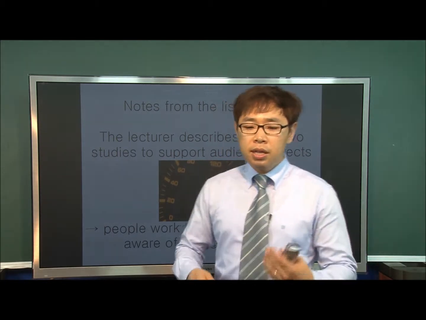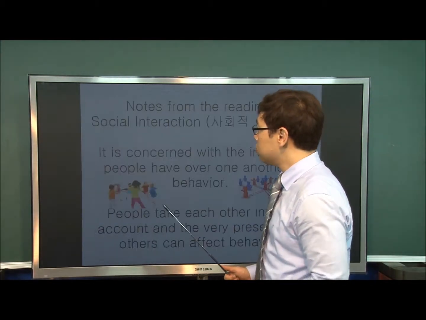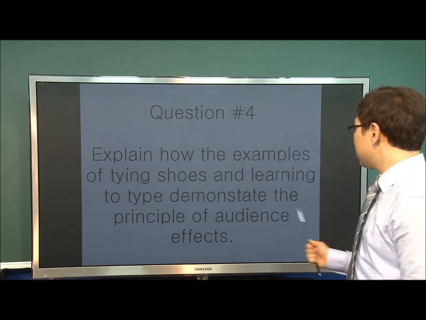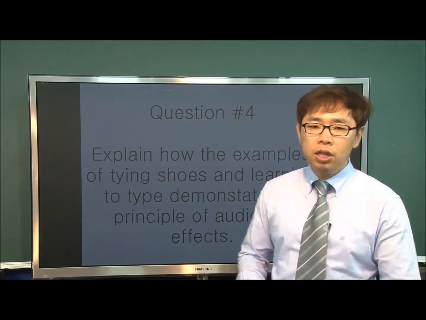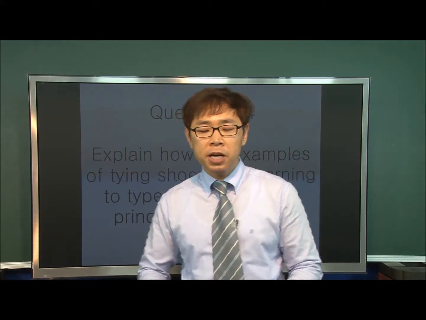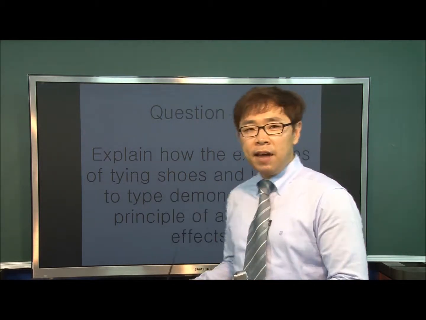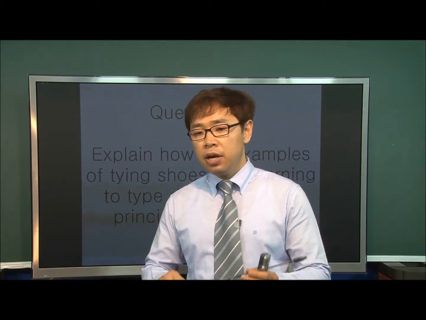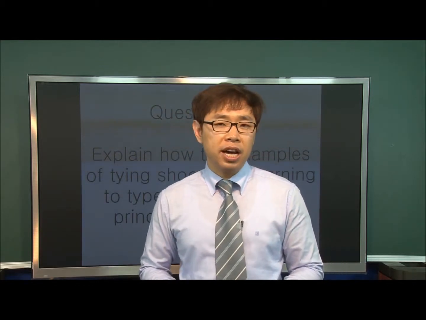So, in order to answer this question, let's go back to the question once more. It says, explain how the examples of tying shoes and learning to type demonstrate the principle of audience effect. You first want to define what audience effect is, and then give the 2 examples that the professor talked about. The reason he was talking about this was to prove that audience effect produces different outputs, and you need to generate your answer based on that.